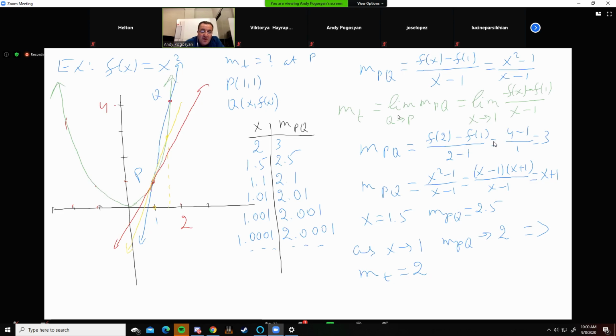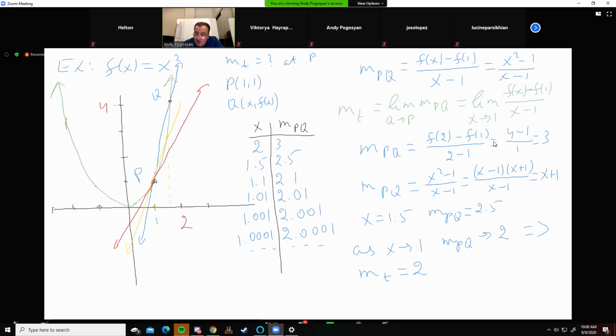Because we do not have the second point, we have only one point, 1, 1. To find the tangent line, we need a slope. To find the slope, we choose secant lines so that the secant line rotates and gets closer to this one.